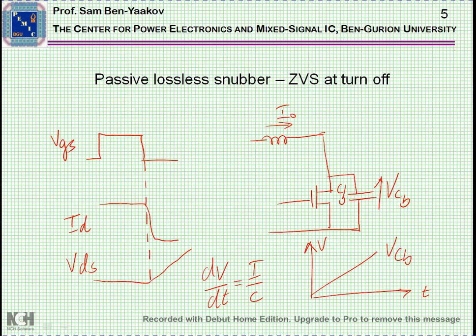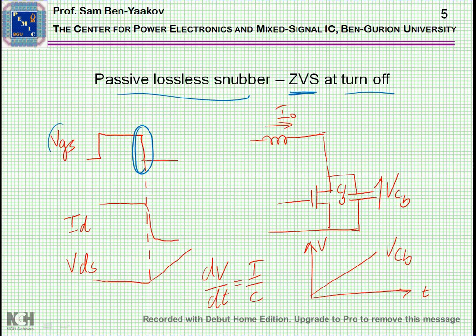I'm moving on now to a passive lossless snubber. I'm going to show you a zero voltage switching snubber at turn off. I'll explain what it means. And let me just first of all talk about the concept, and then I'll show you how the circuit is actually built. So we are talking about snubbing at turn off.